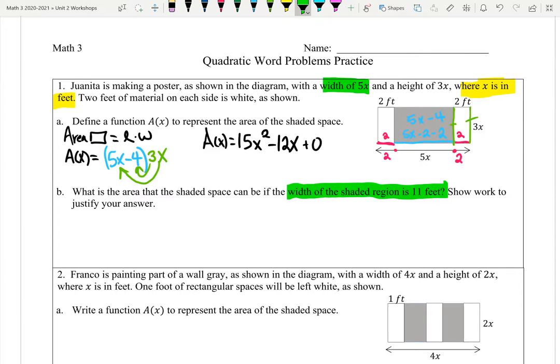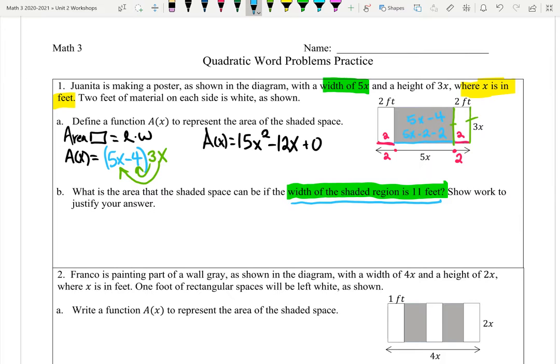So, the shaded region is going to be this blue spot. It is not just 5x. The shaded region, this is the whole diagram. So, let's go ahead and see if this works. The shaded region is 11 feet.